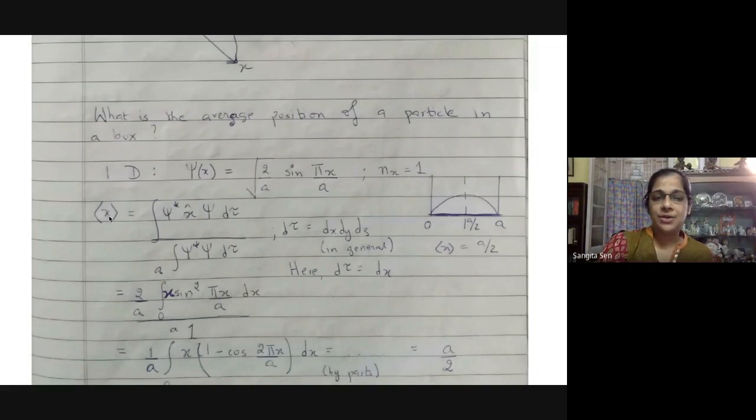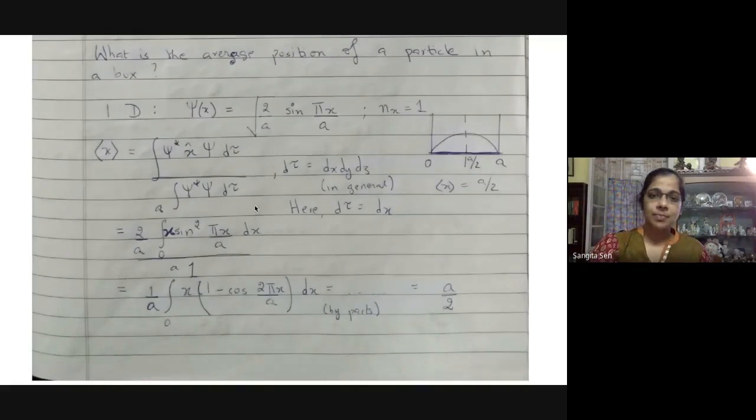So now when the operator is x, then it doesn't do anything to the wave function. It is just a multiplication of x with the wave function. So for a one-dimensional box, the wave function is root of 2 by a sine pi x by a, and this is a real function, so psi star is simply the same thing, and you have x multiplied over here, and you simply have to evaluate this integral to find out the expectation value of x.